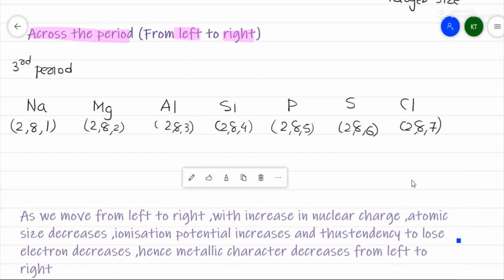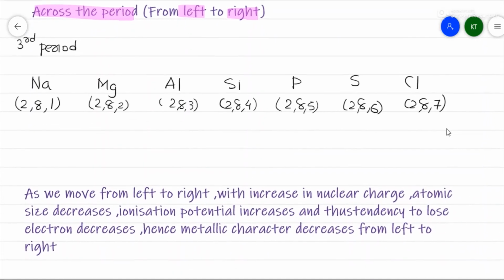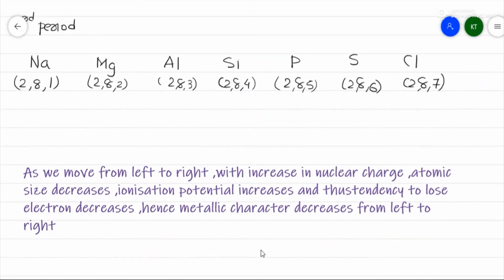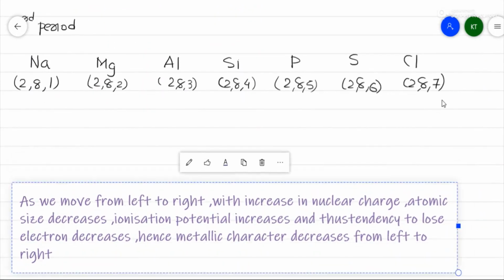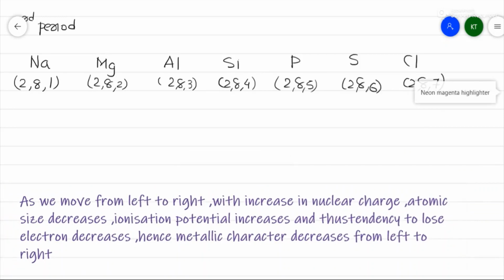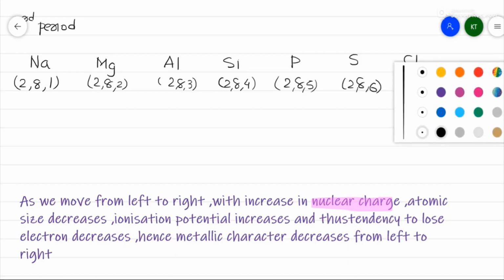Now here, as I can see from left to right in the third period of the periodic table, my observation is this: as I move from left hand side to right hand side, the nuclear charge is increasing. Now let me draw the nucleus of sodium.